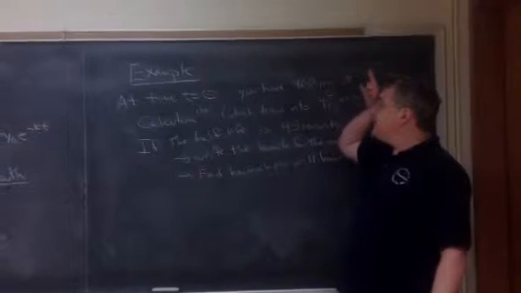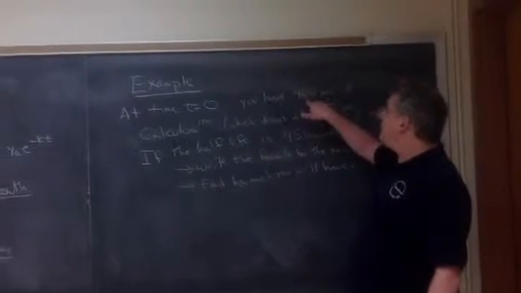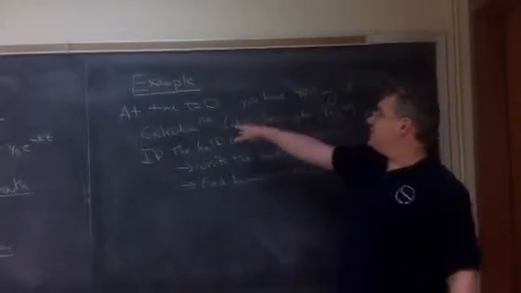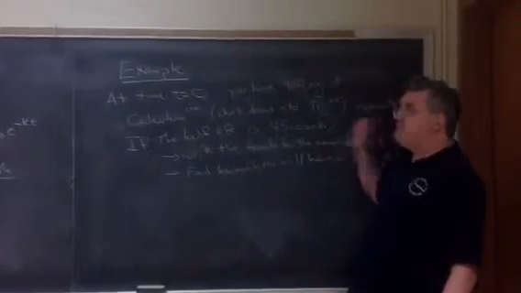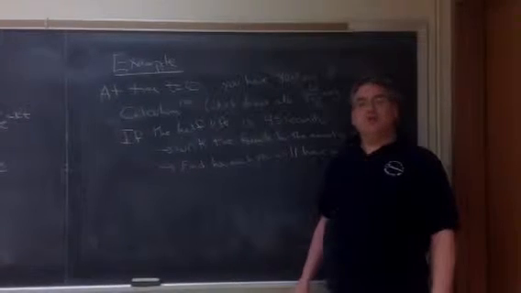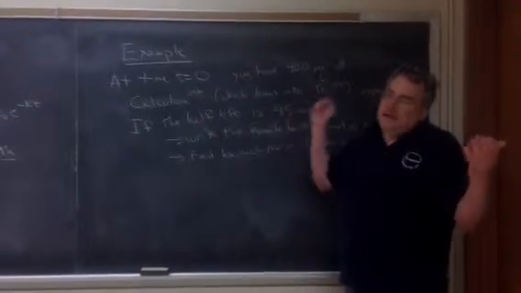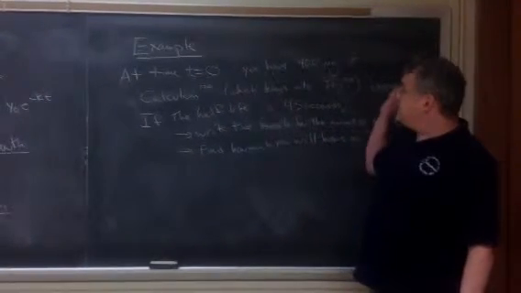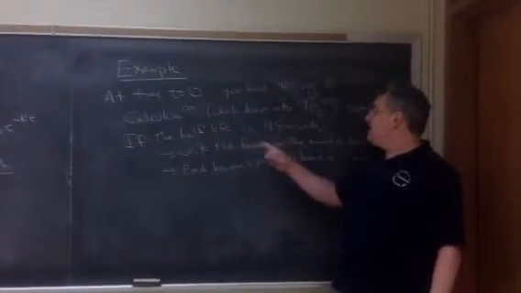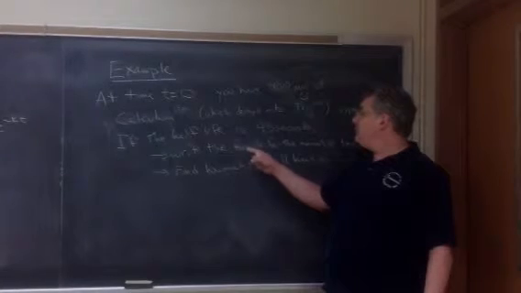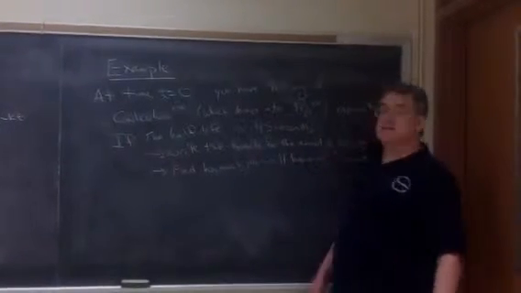At time t0, we have an exponential decay model, 400 initial milligrams of something, we'll call it calculum 120 for some reason. Which, if you really want to, we could have decay into trigonometry 119, but whatever. The half-life is 45 seconds, so we want to write out the formula and find how much is left in 2 minutes.